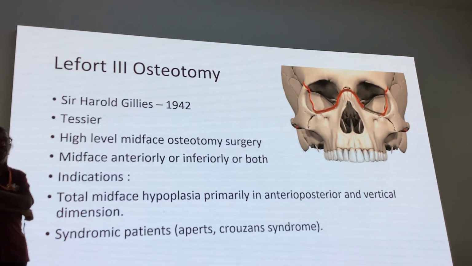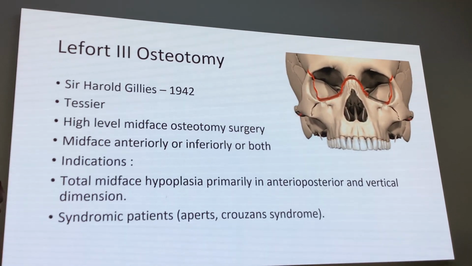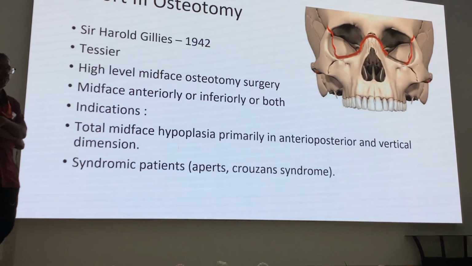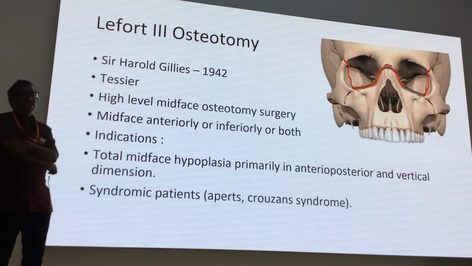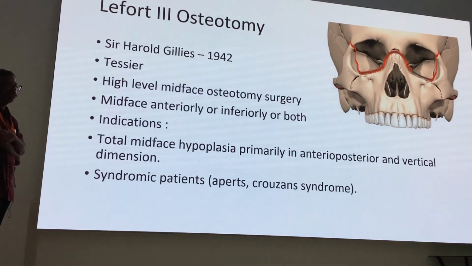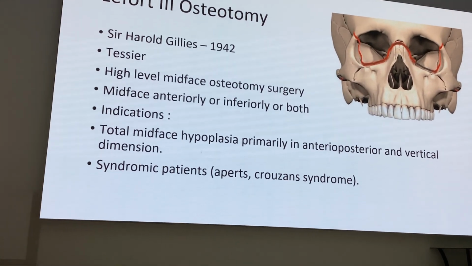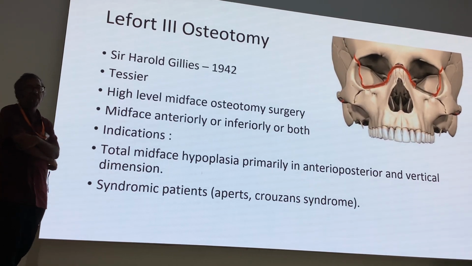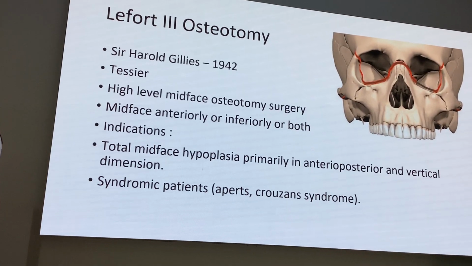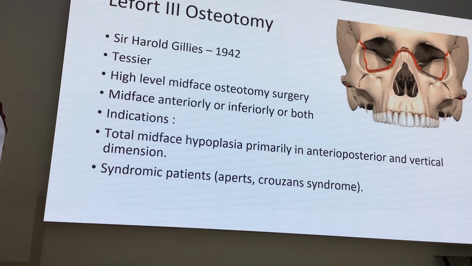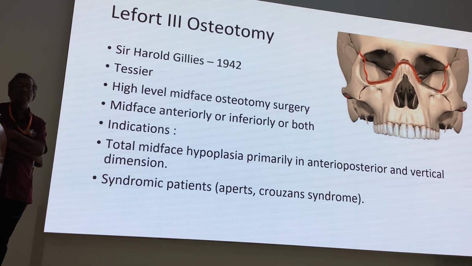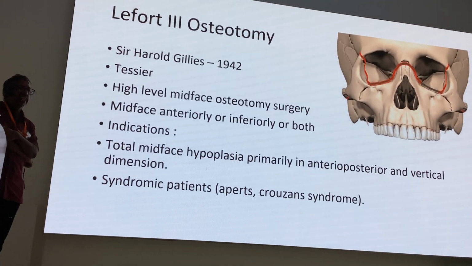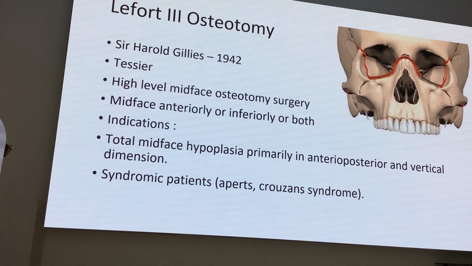Apert syndrome, Crouzon syndrome, all these cases. Ideally, Le Fort 3 is the treatment of choice, but to do a Le Fort 3 osteotomy is difficult, so we manage with a high Le Fort 1 or quadrilateral type of Le Fort, but ideally you need a Le Fort 3. But we do it with a high Le Fort or grafts, take some graft, and now we have so many implants also, we can manage like that.